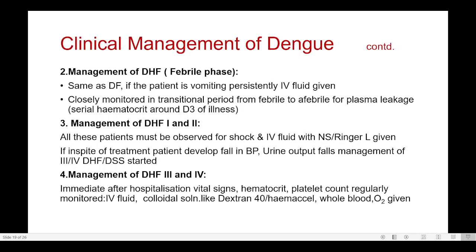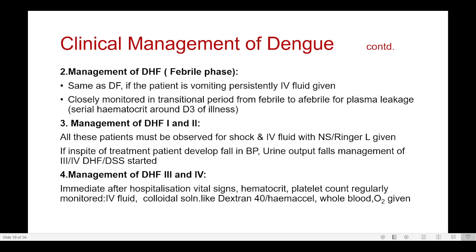or Haemaccel. Whole blood is very essential for the management of the severe form of dengue, and oxygen is also essential. So these things, close watch of the vital signs, serial estimation of platelet count, hematocrit, and urine output, are essential.